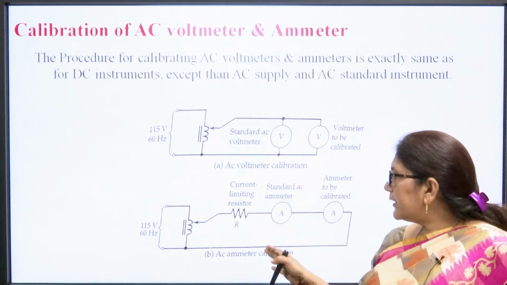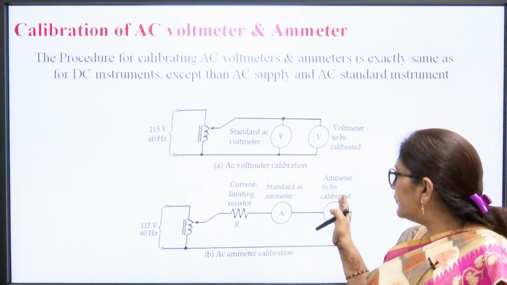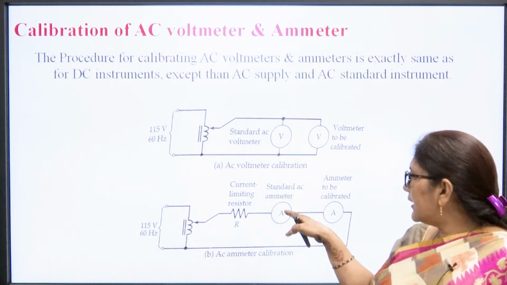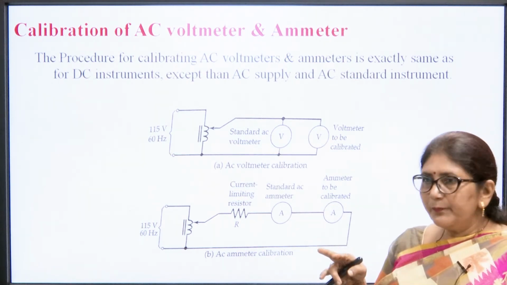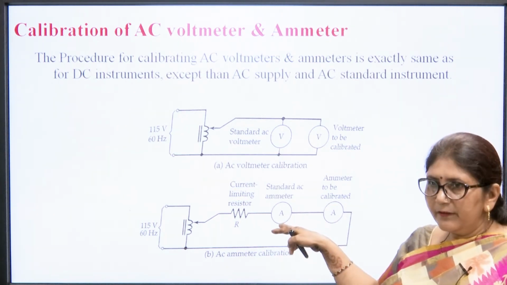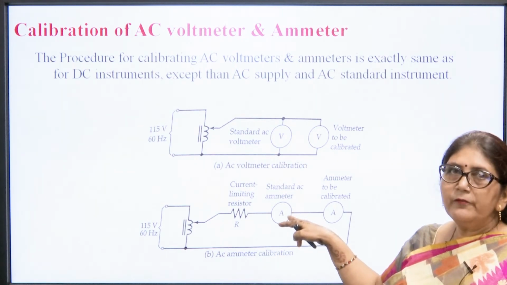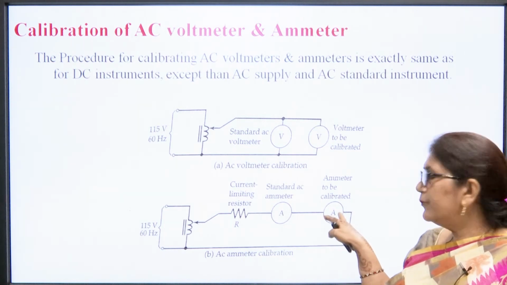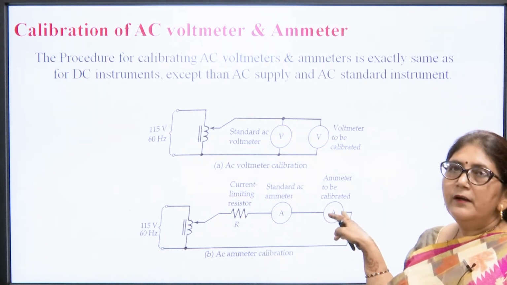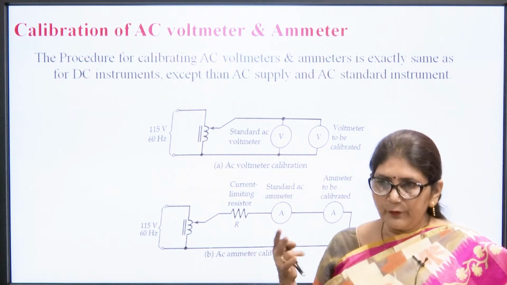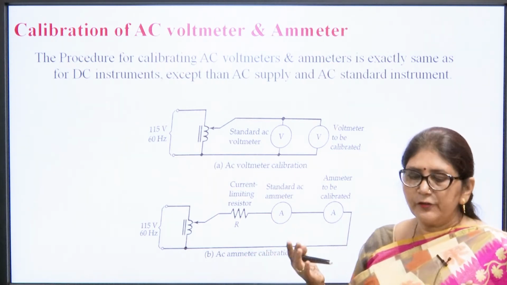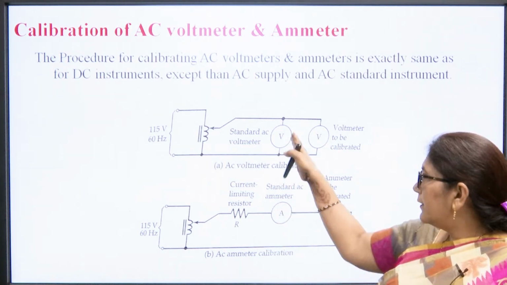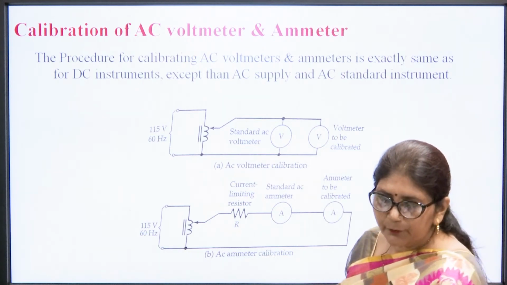By this method we can calibrate our instrument through the standard instrument, and that standard instrument we may calibrate with a third party or with the national standard laboratory, because this instrument should be very accurate, otherwise the calibration has no purpose. We have to calibrate so that it is traceable to the national laboratory instrument. So, that standard we should follow.